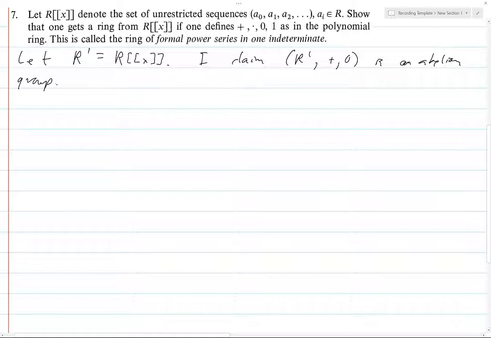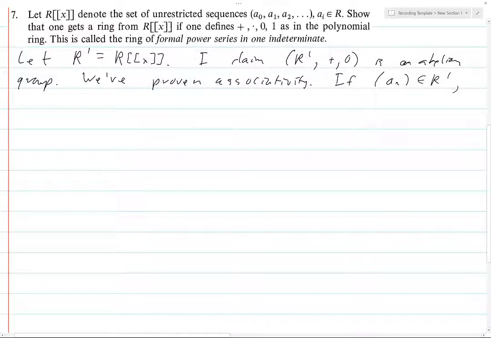We've proven associativity because it follows just the same way that it does in the polynomial case. If an is in r prime, I'm going to use an to refer to an equals a0, a1, all the way up through infinity, and each of these ai's are in r.